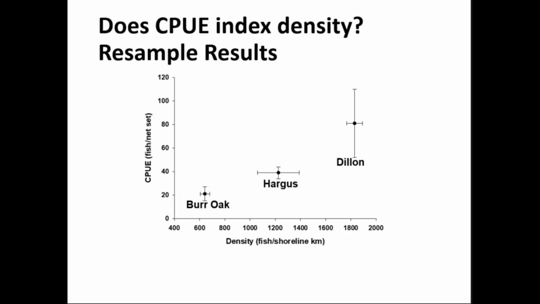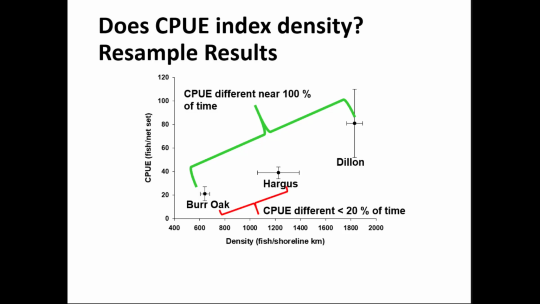Our resample analysis showed that when we compare the lowest density and the highest density, we had statistically different catch per unit effort almost 100% of the time. However, when comparing low to medium density, we only found different catch per unit effort less than 20% of the time.